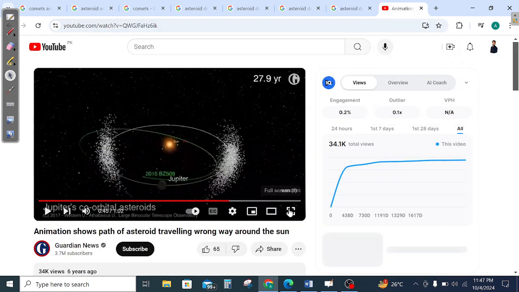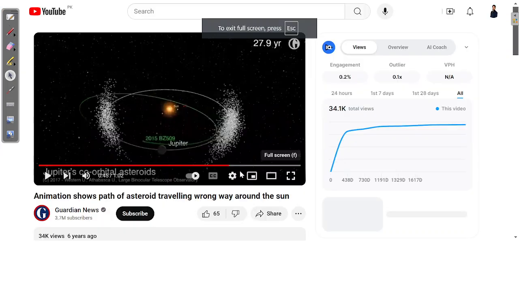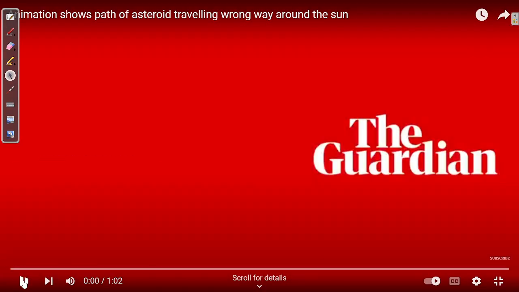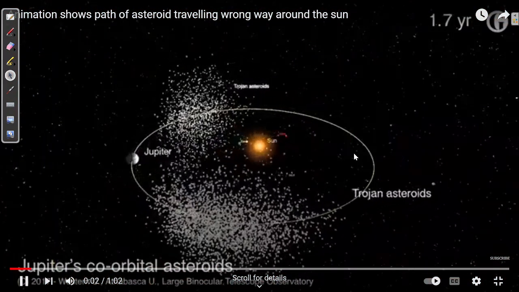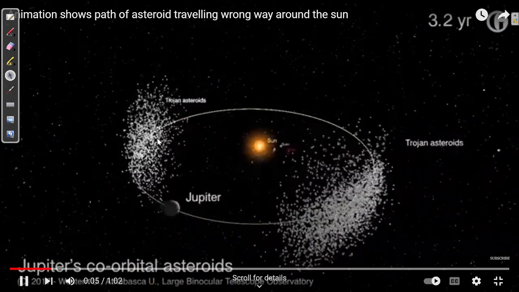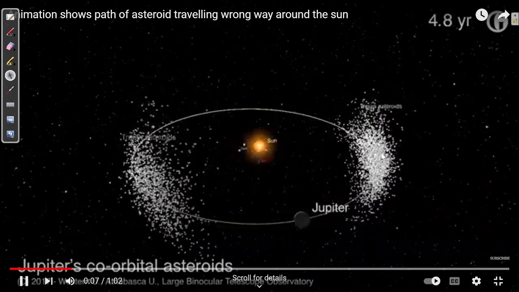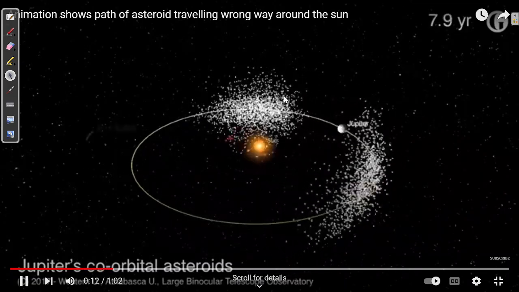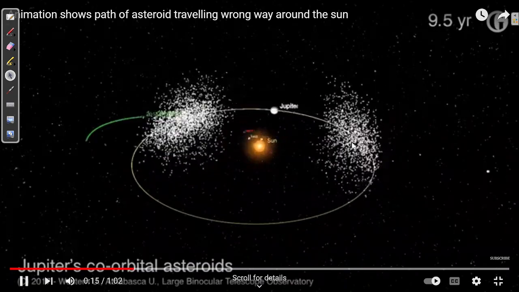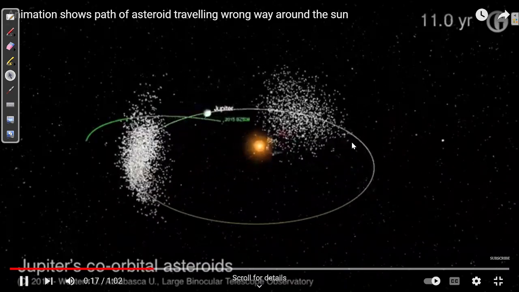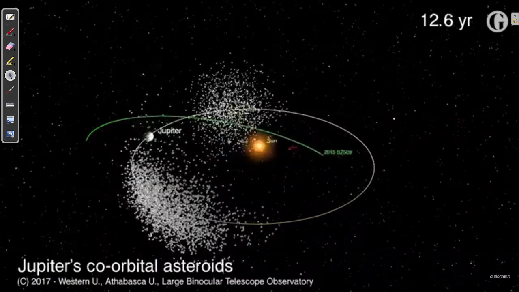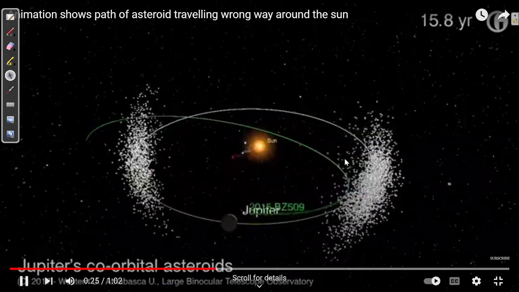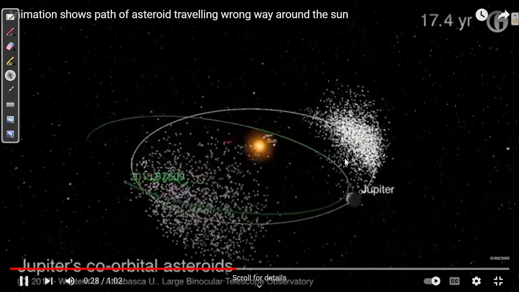You can see here, I will expand it a little bit. You can see how in reality they move around the sun. This is the sun, and these white balls are basically the movements of different asteroids and comets. Here you can see multiple asteroids are coming in close to the sun.